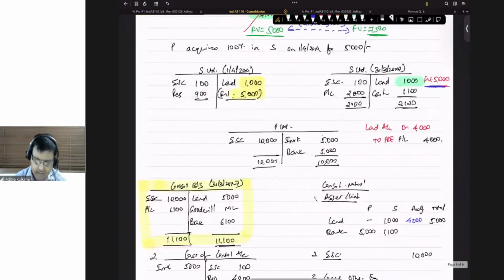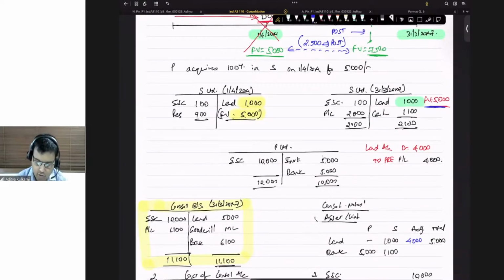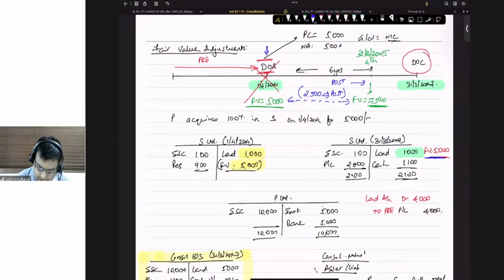Building के case में same thing. So suppose you have 5,000 to 7,500. How do you do it in Ind AS 16? Calculate the WDV as on 31st March 20x5, look at the fair value, increase it, and then do the accounting, and the increased value you depreciate over the remaining life up to the date of consolidation.